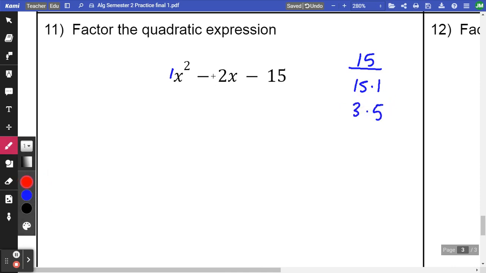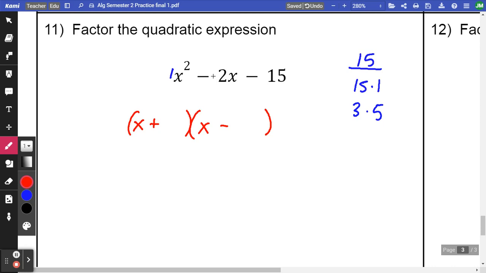We can actually take care of our signs here. In the empty set of binomials, we have x times x to make up x squared, and a negative c and negative b means that we have alternating signs, and our negative factor is going to be bigger than the positive one.